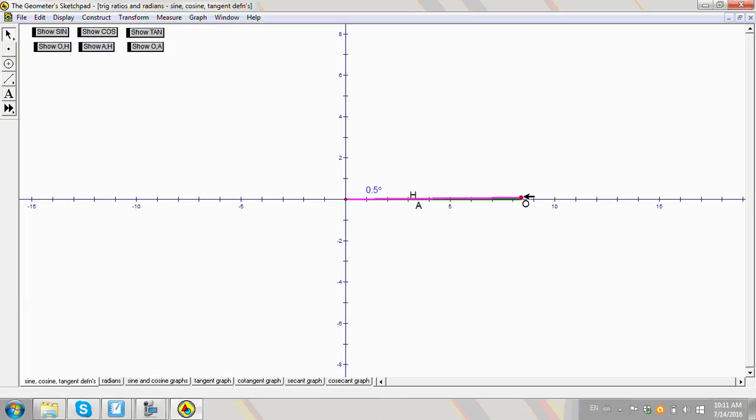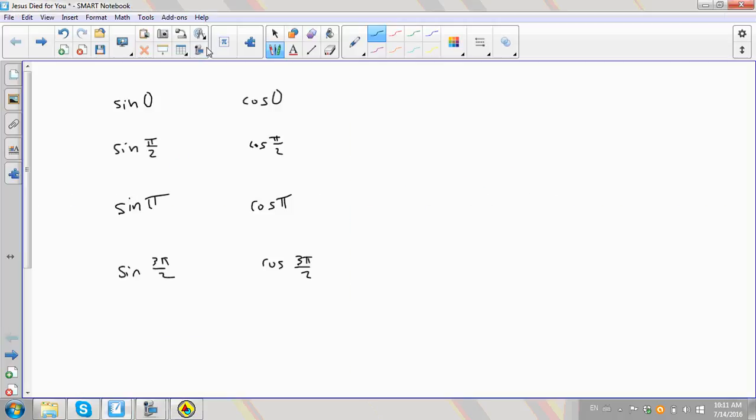So we have the ratio of opposite divided by hypotenuse, and that opposite side is literally 0. Now this is a 0, not an O for opposite. That's kind of misleading, but 0 divided by anything is 0.